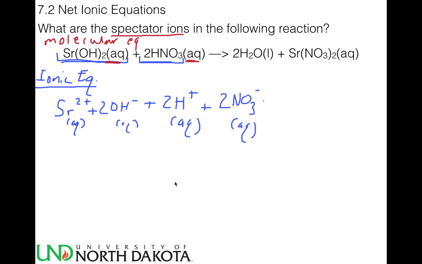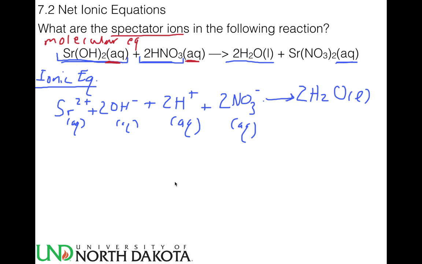Next, we have our product side. Looking at our first product, we have water. It's written as a liquid. We cannot dissociate liquids into their ions. So water, also being a molecular compound, will not form ions. So I'm going to keep the 2H2O as a liquid, just as it's written in the equation.